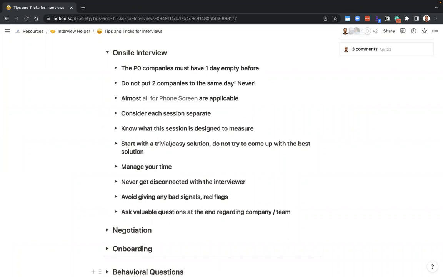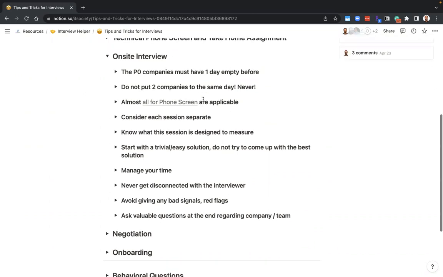Especially since we have some hiring managers with us today, they can also give their point of view on these items, because it's always valuable to look through the eyes of a hiring manager.